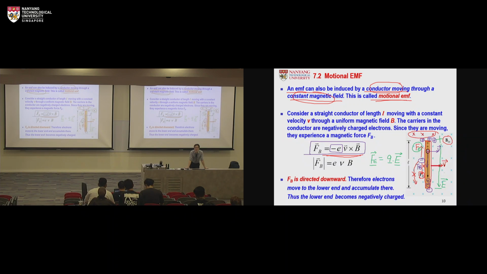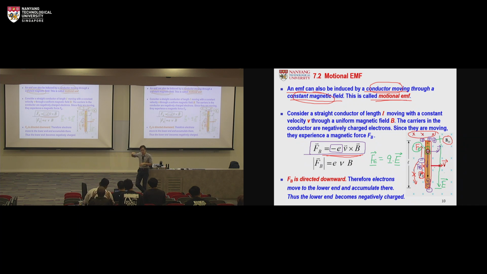Still very confusing. From where? First, there's an FB. Now you just look at this one electron inside this conductor. There is an FB pointing down. And if there is an FB pointing down, the electrons are going to accumulate at the bottom end.